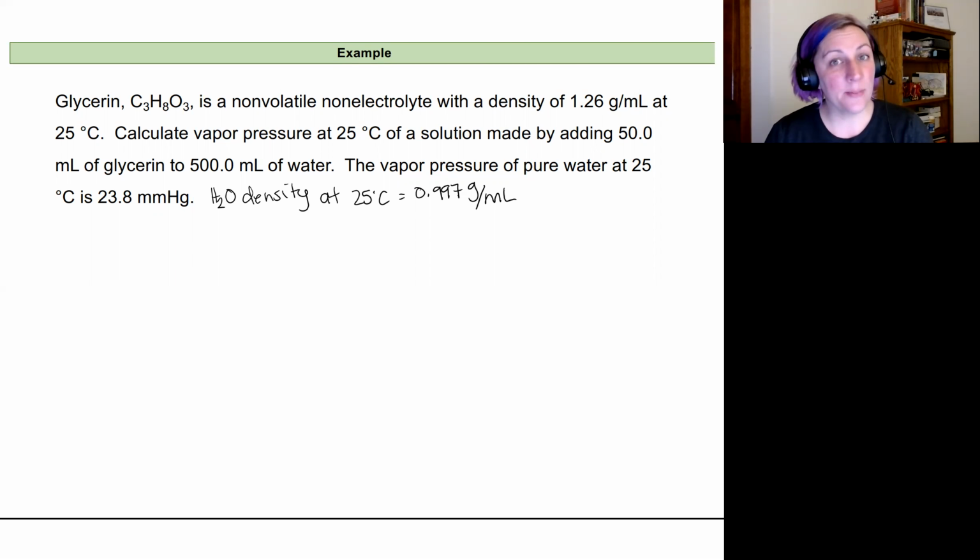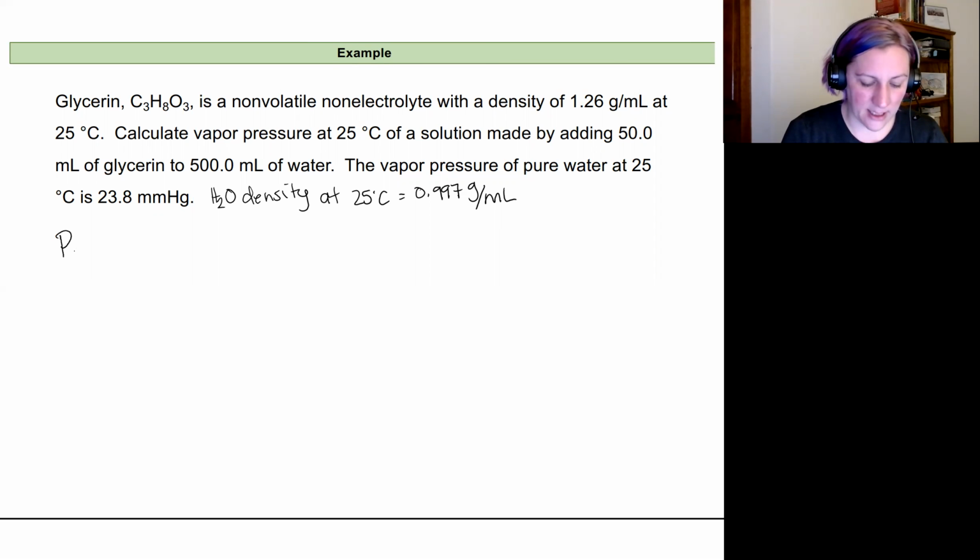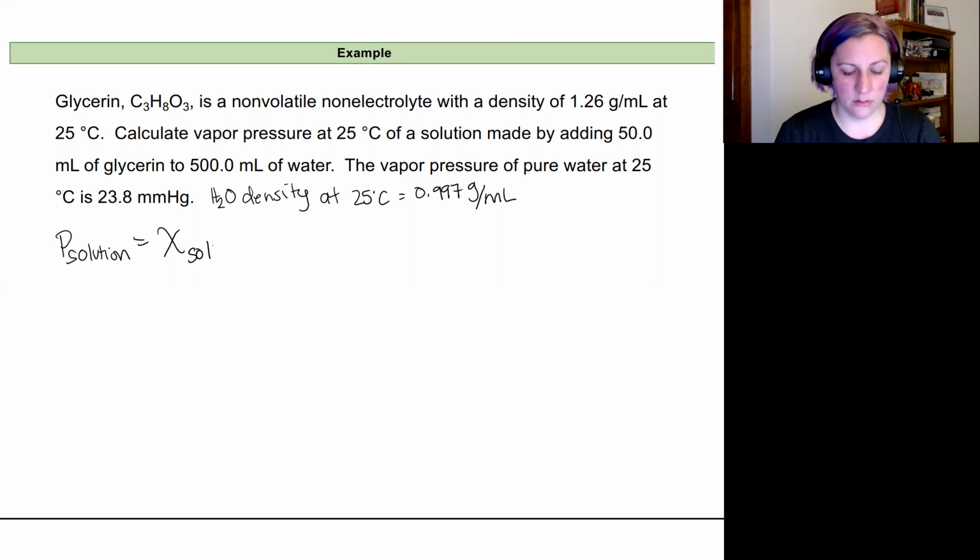We know the vapor pressure of pure water is 23.8 millimeters of mercury at this temperature. But what will be the vapor pressure of the solution? We expect it to go down because we're adding a solute. And we'll use that equation that we just presented: the vapor pressure of the solution will equal the mole fraction of the solvent times the vapor pressure of the solvent.